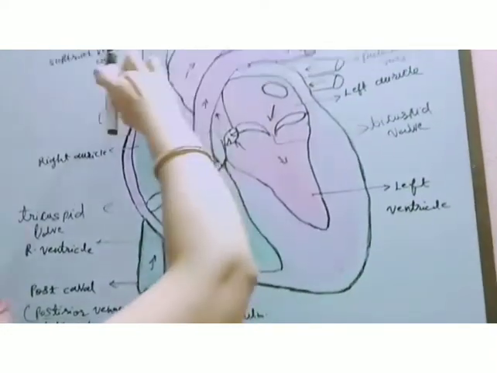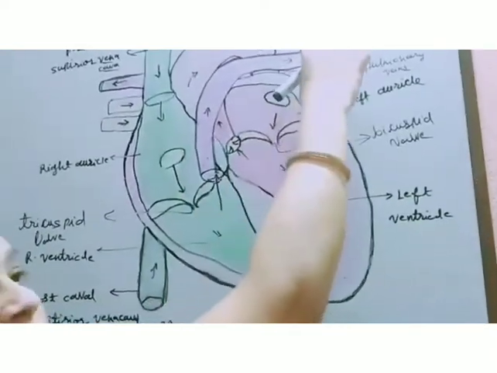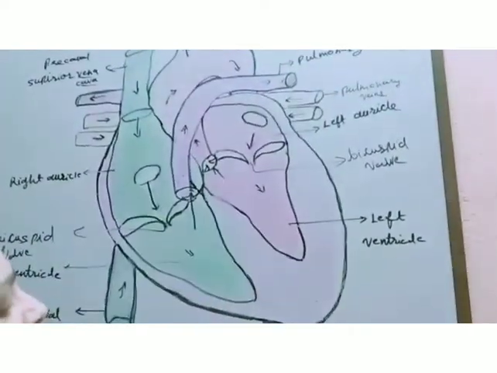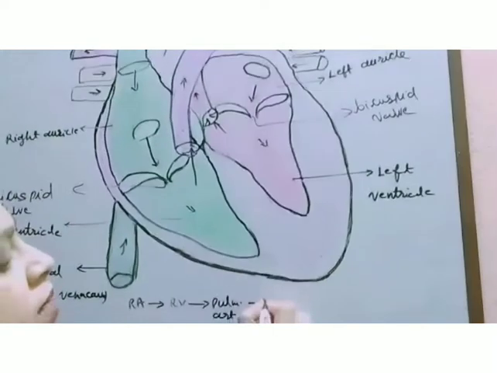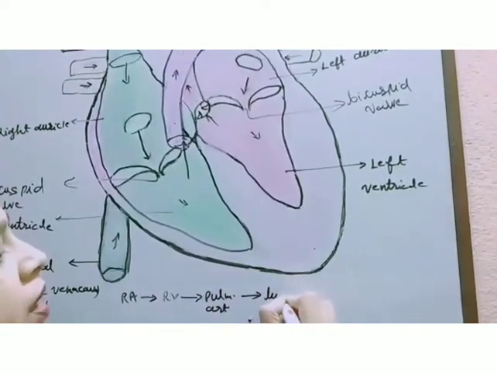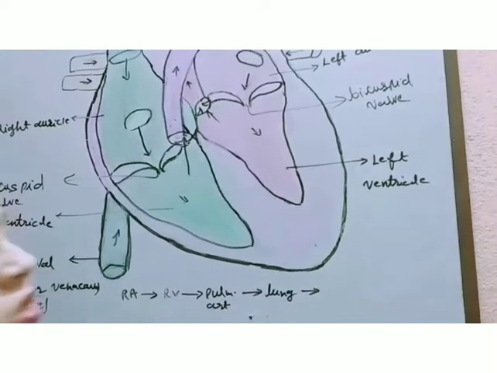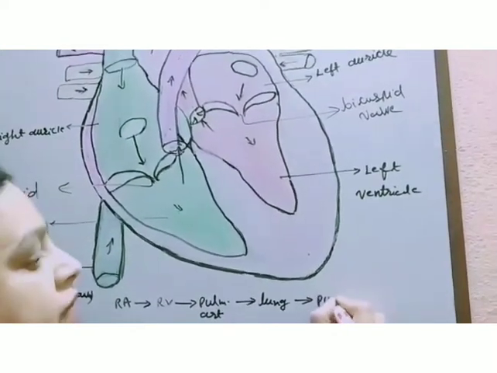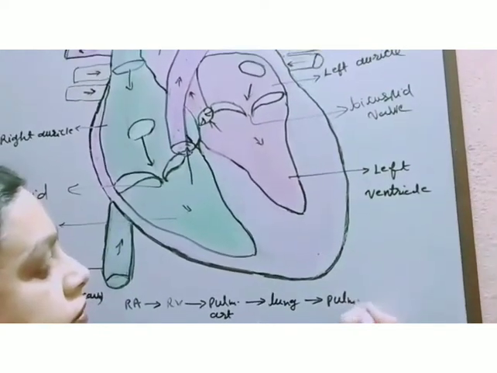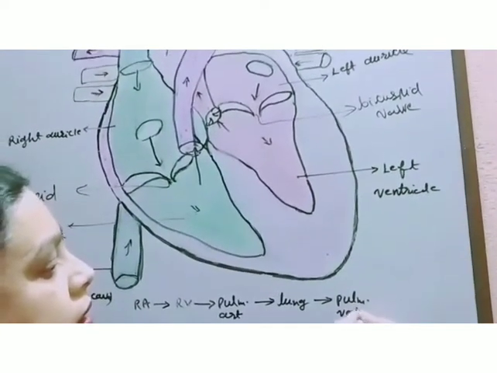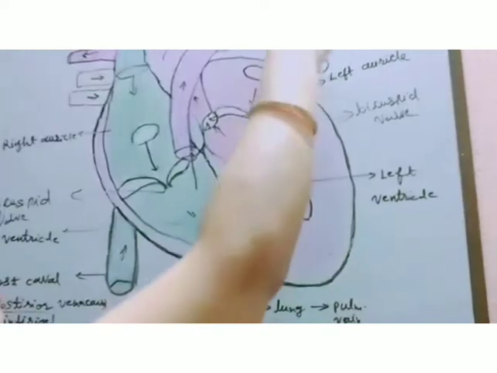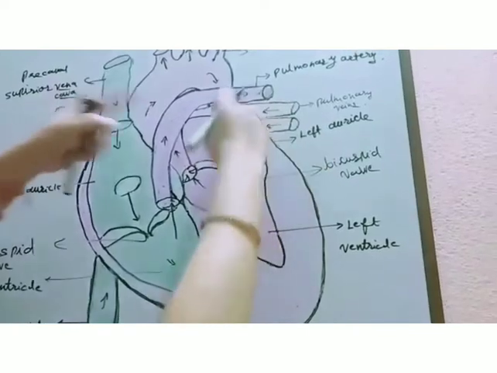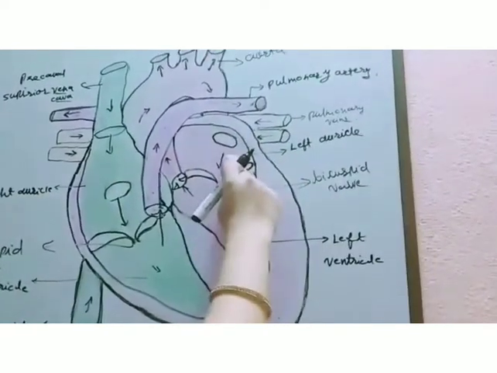Two branches of this pulmonary artery distribute the blood to the right and left lung for oxygenation. When the pulmonary artery distributes blood in the lung, it is oxygenated during breathing, and then the pulmonary vein receives this blood from the right and left lung and pours it into the left auricle.